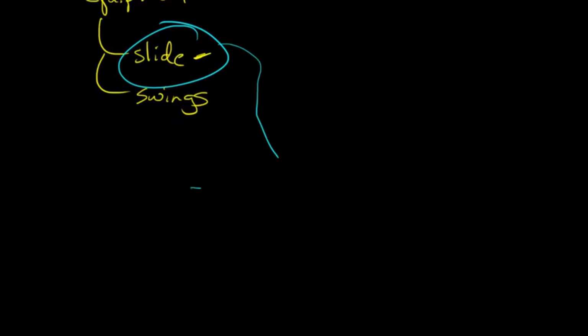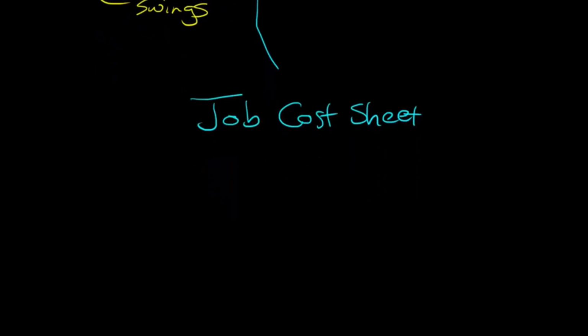So let me just give you an idea of what this would look like. We'll say job cost sheet, and in that job cost sheet we're going to have several things, but things we will definitely have: a section for the direct materials or raw materials, direct labor, and then manufacturing overhead that is being applied.